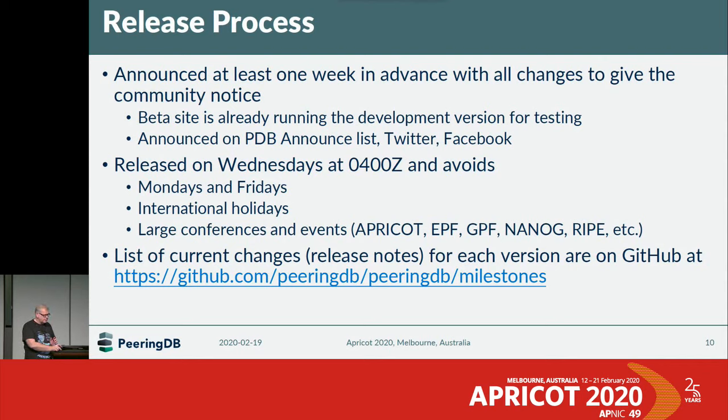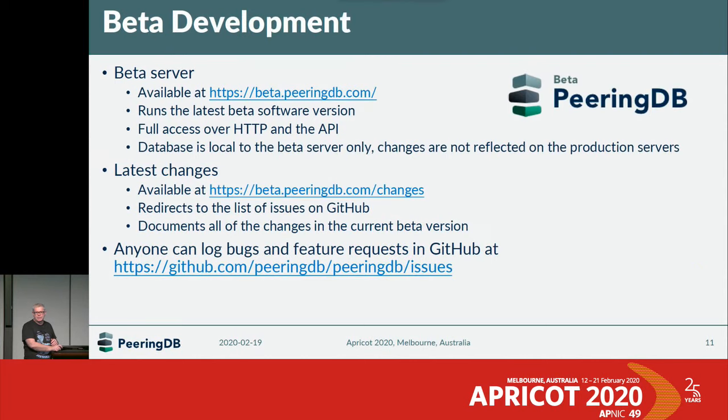Yeah, that's it. Then you are able to see the latest development on our beta server. The beta server also has the next release running roughly 2 to 3 weeks before, and you can test out your software, whether it still is compliant with PeeringDB, or if there is a feature which breaks your software.